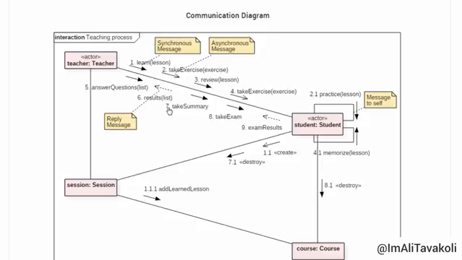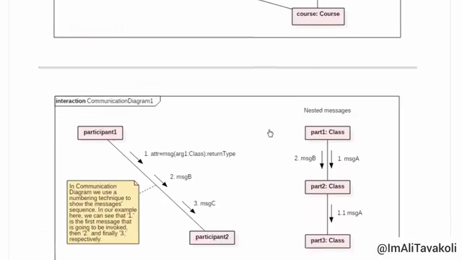And then number 7 will be called, which is the take summary, and that causes 7.1, which is destroying the session participant. And then number 8, take exam, which causes number 8.1, which is destroying the course participant this time. And finally, number 9, which is the exam results.